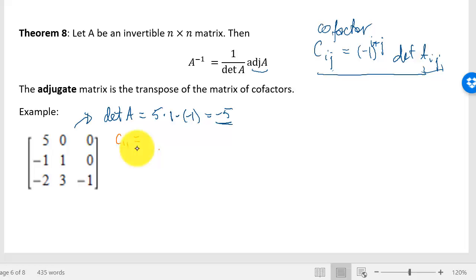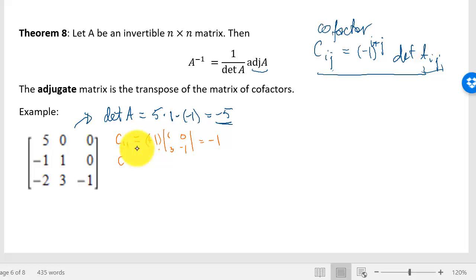So 1 plus 1 is 2, and -1 to the second power is +1. And then we need the determinant of the smaller matrix, the minor. So that's 1, 0, 3, -1, and that just is equal to -1. So C11 is equal to -1.